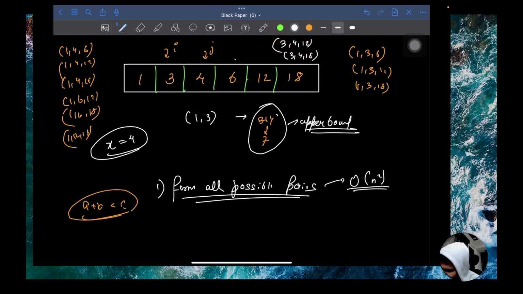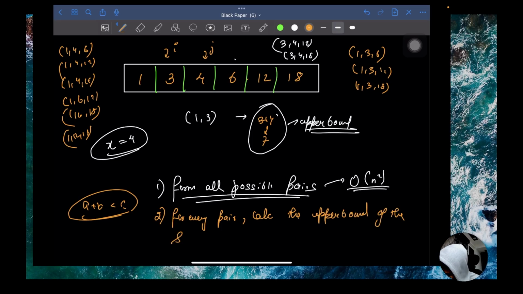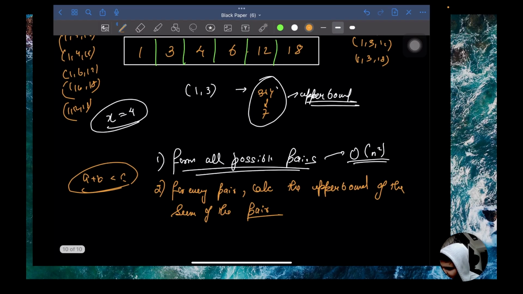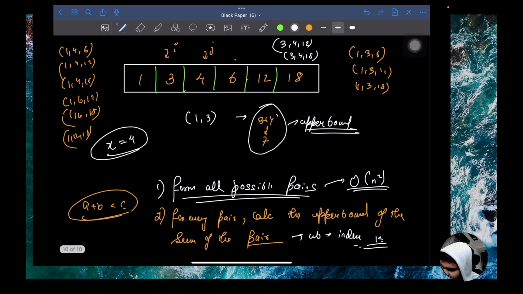So for every pair, you calculate the upper bound of the sum of the pair, right? Let's say the upper bound comes as some index k.